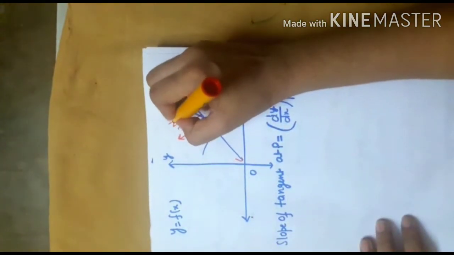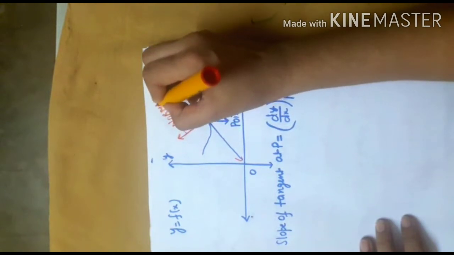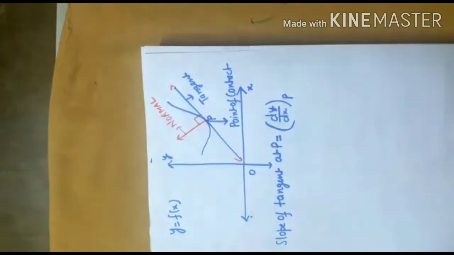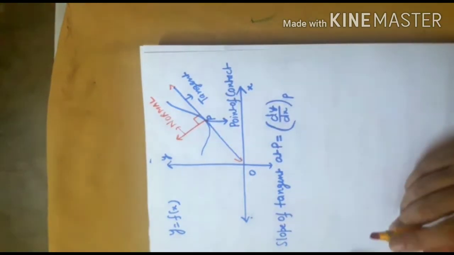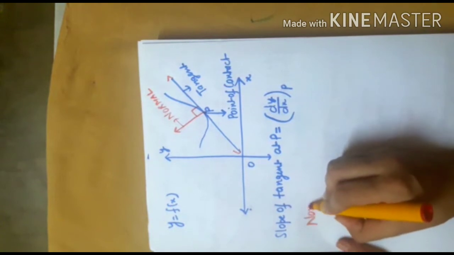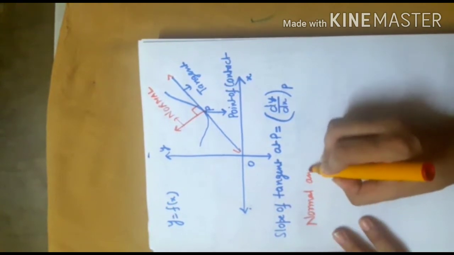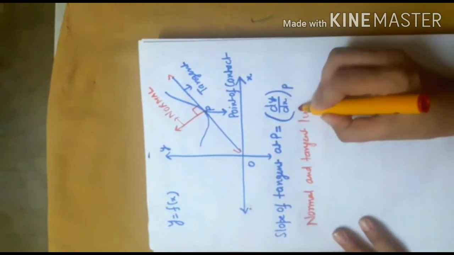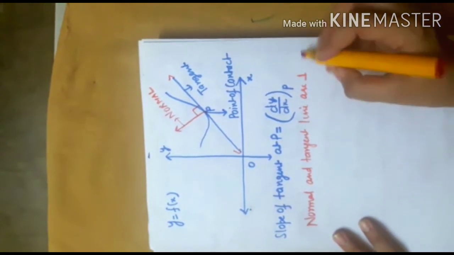This line is called the normal to the curve drawn at the point P. So, normal and tangent line are perpendicular.